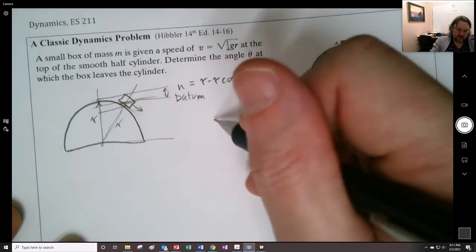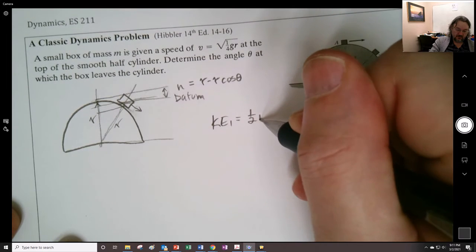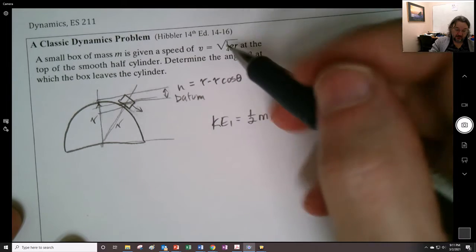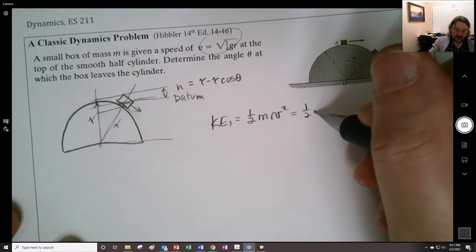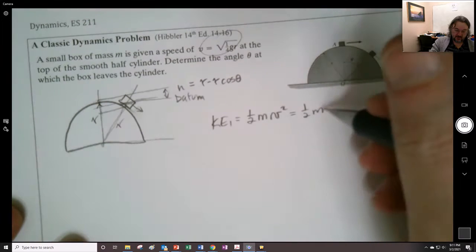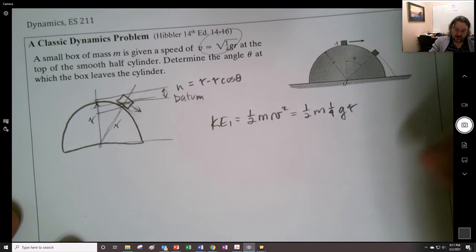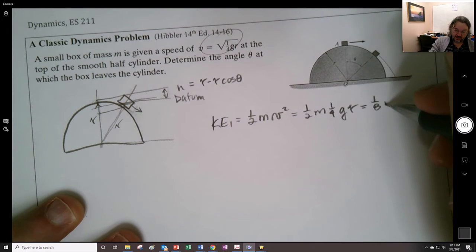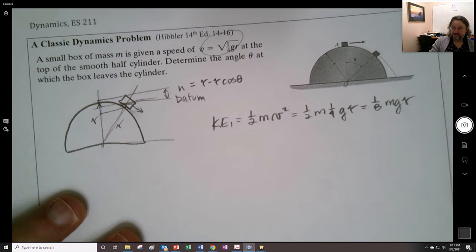So we could say that KE1 is going to be 1/2 mass times velocity squared, which we were given right here, and it was the square root of it. So 1/2 mass, this thing squared, is going to be 1/4 gR right here. All right, so what are we dealing with right here? 1/8 mgR is what they're saying.